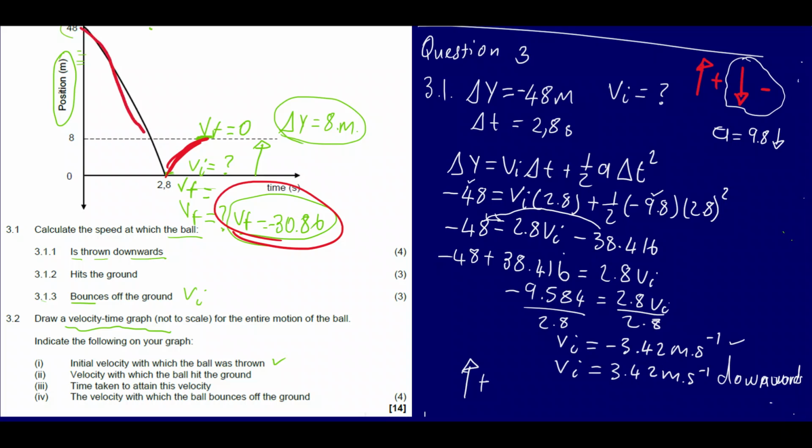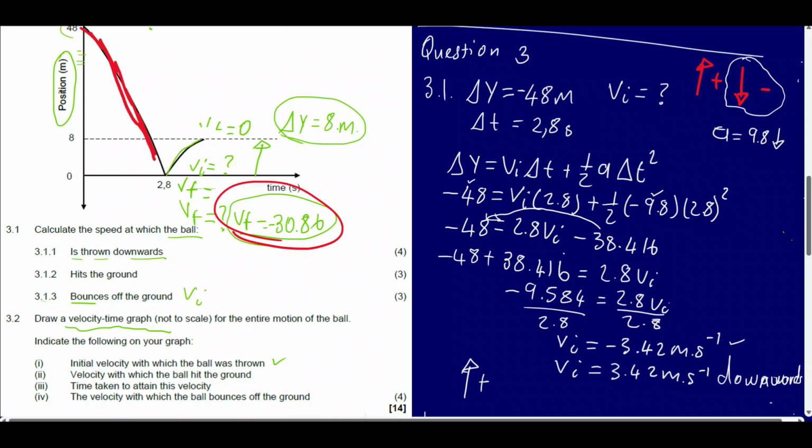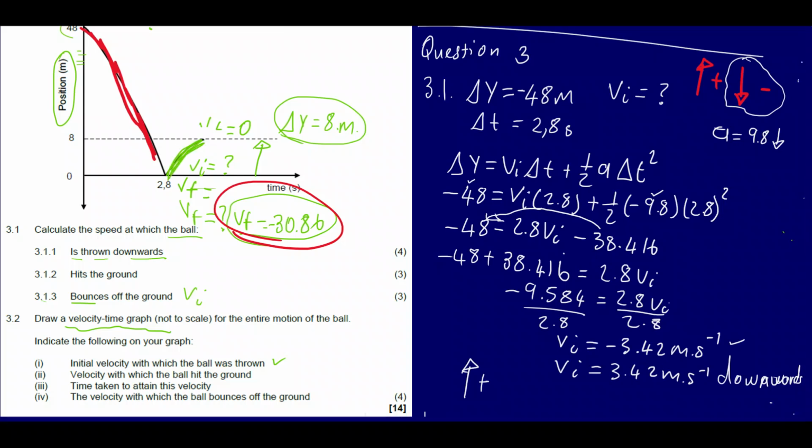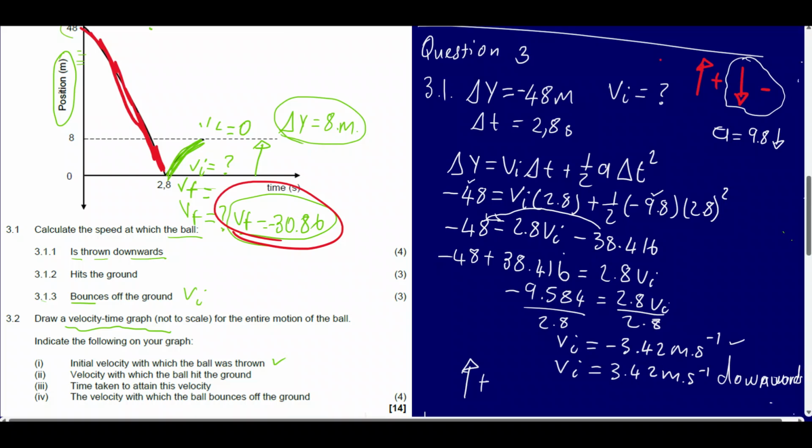So I'll just erase this. So show the part where it's going down in red, right? Going down in red and going up it's going to be green, right? So that we are a little bit consistent there. So to be consistent with this, you will see that the part in green here will be showing the upward motion, right?